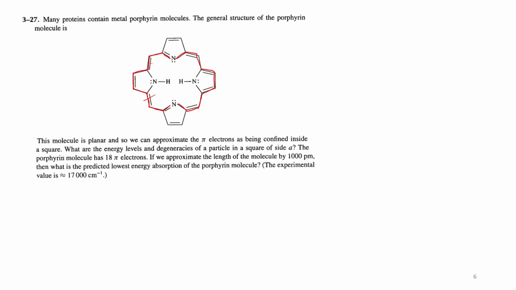So first, let us remember what the energy value of a particle in a square box, or the 2D box, is. It will depend on both nx and ny. Let us first start with the wave function.